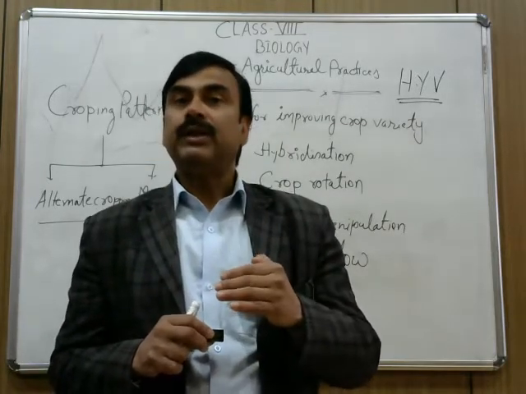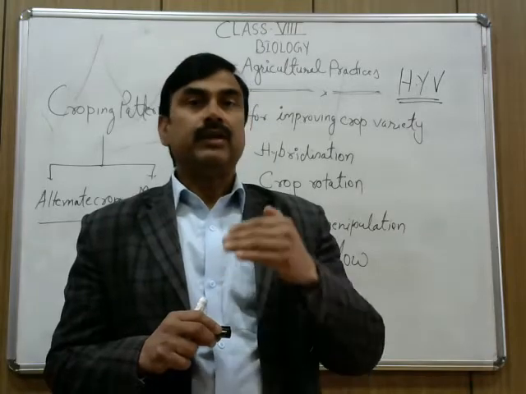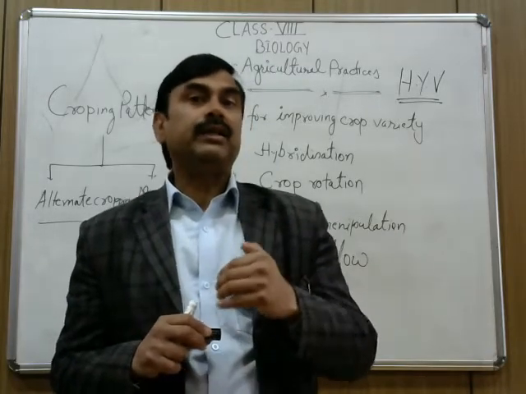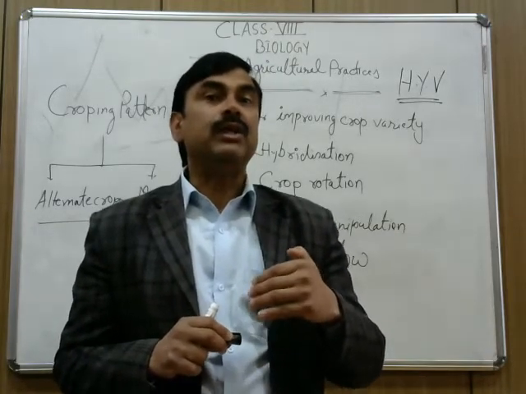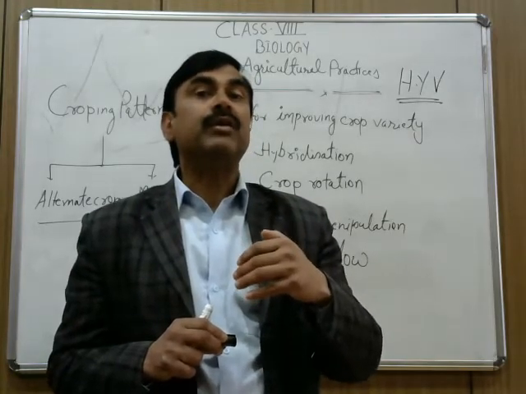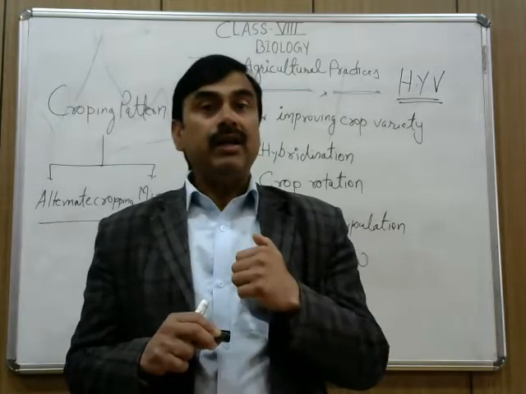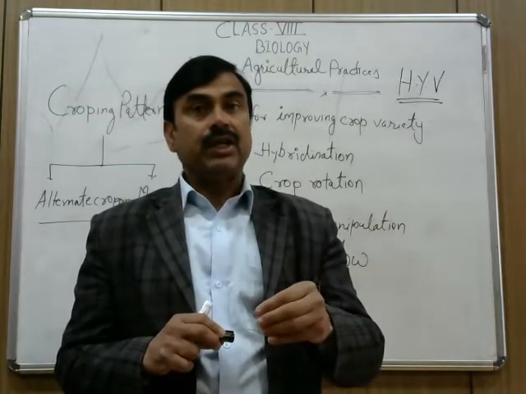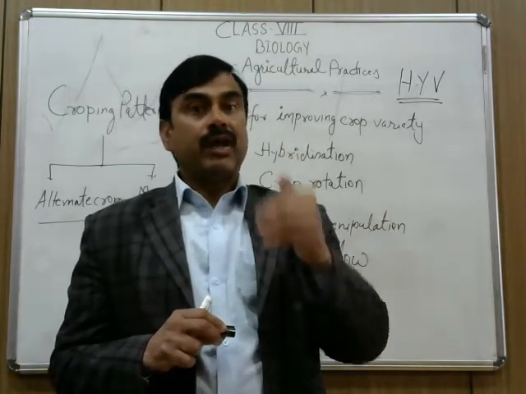One crop takes 90 days, but on the other hand, a crop which takes only 75-80 days, that less time taking crop would be better in expenditure, in timing also.